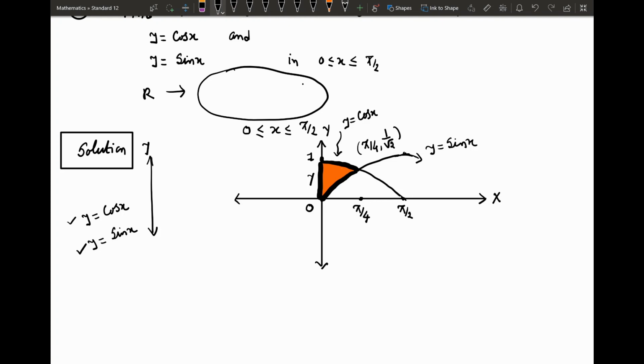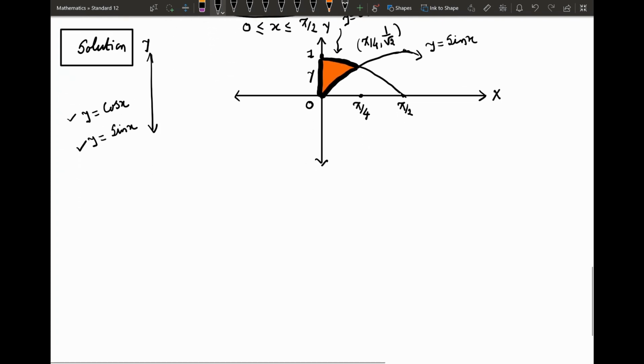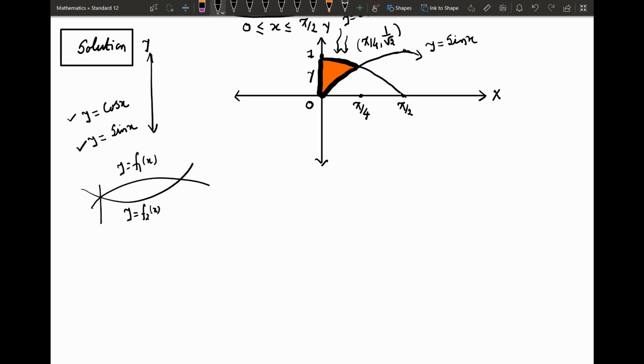So required area, if two curves intersect each other, this is y equal to f1x, we apply this theory, two curves y equal to f1x, y equal to f2x intersect each other at x equal to a, x equal to b, then area of this portion.